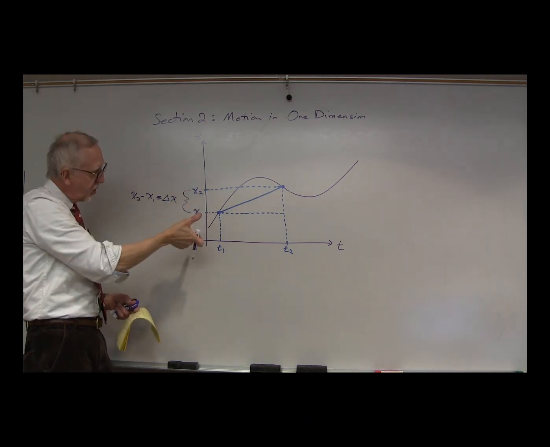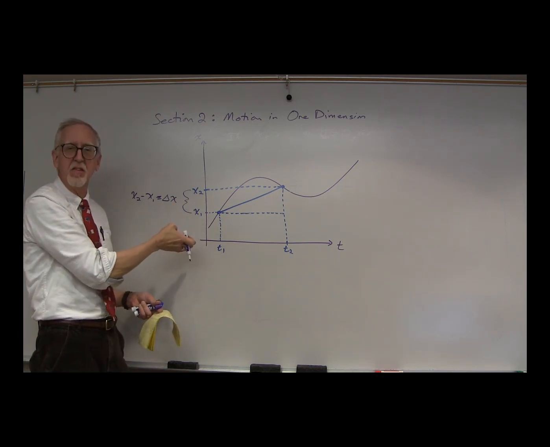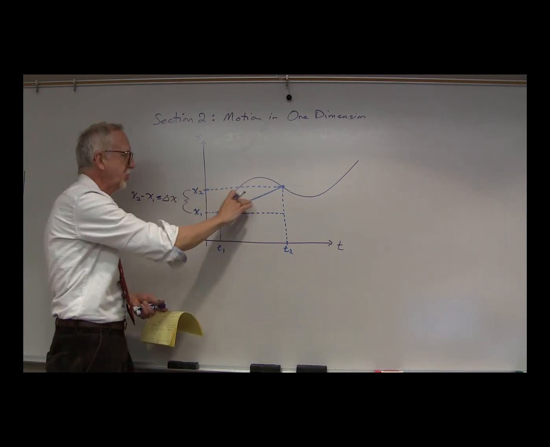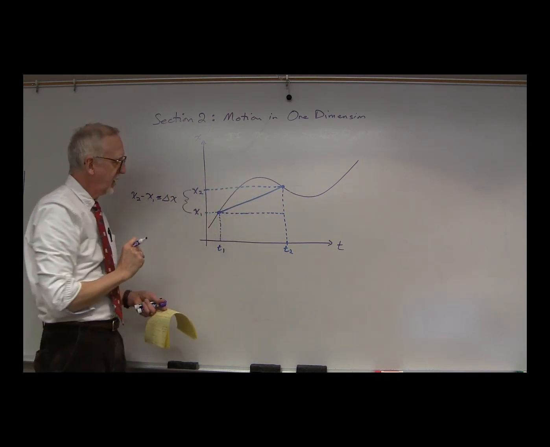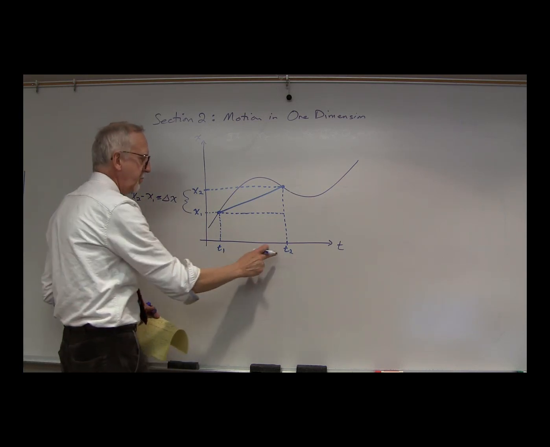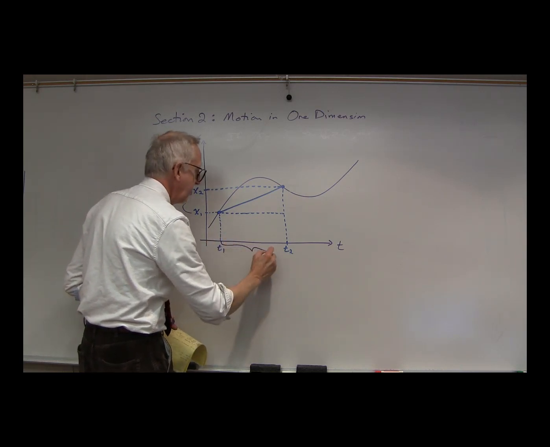Or if x2 were actually below, in other words, lower down or to the left of x1, then we'd get a negative value. But just for the moment, let's assume that the net motion is to the right, positive. The time interval, t2 minus t1, will then be this time interval here.